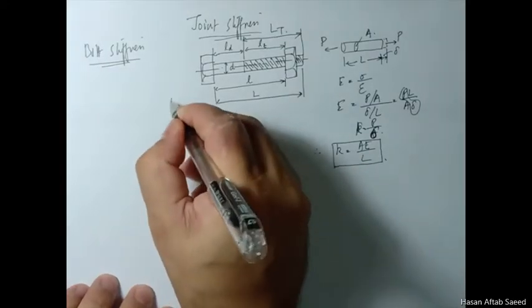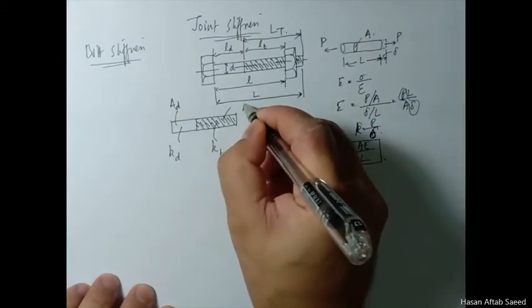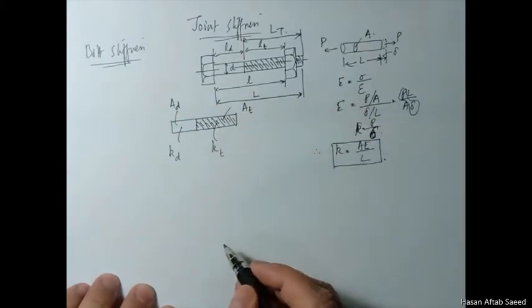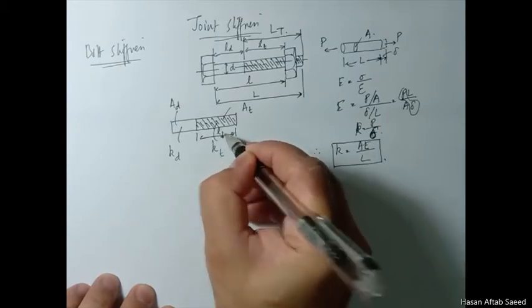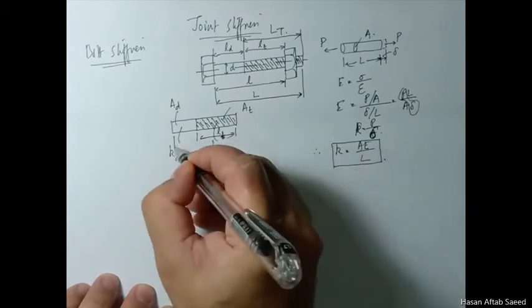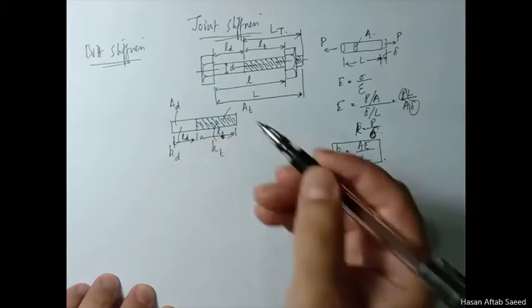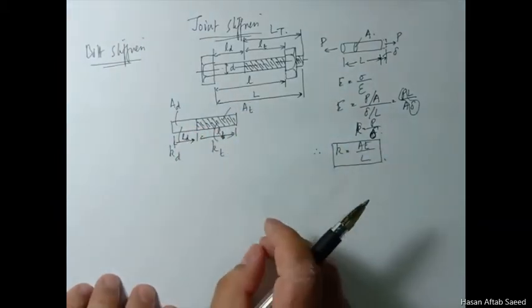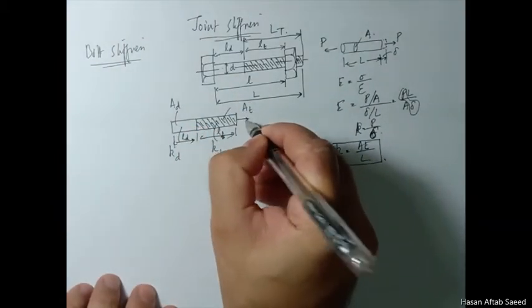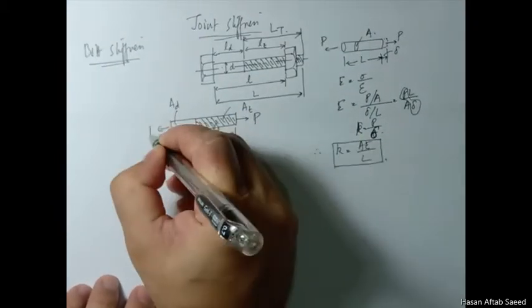There will be an area AD, area AT. There will be LT, thread part length, LD. Two parts in series.